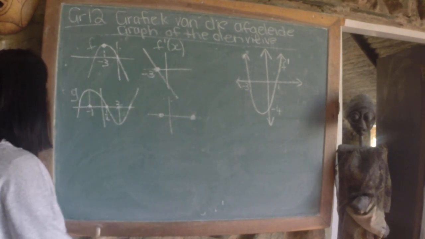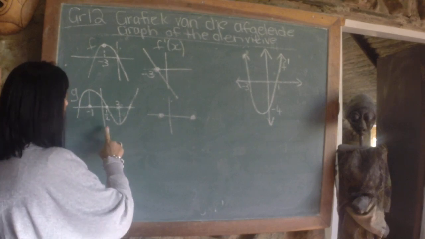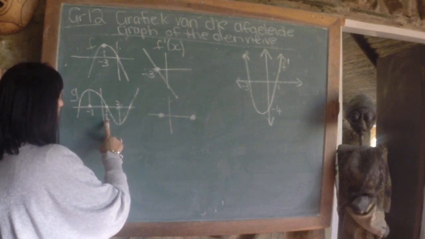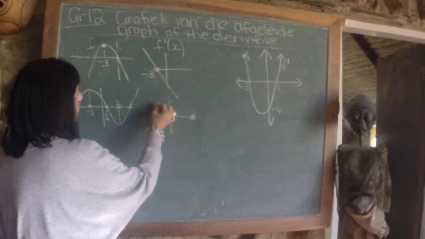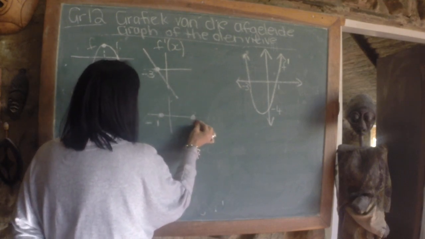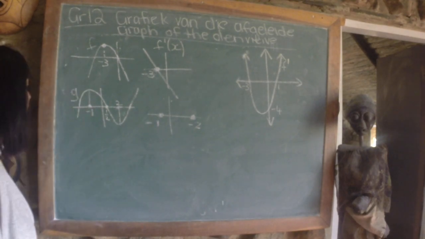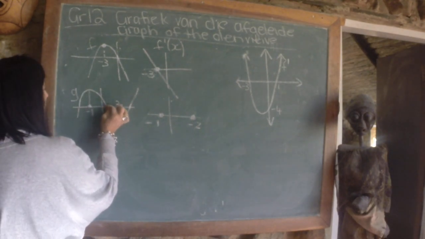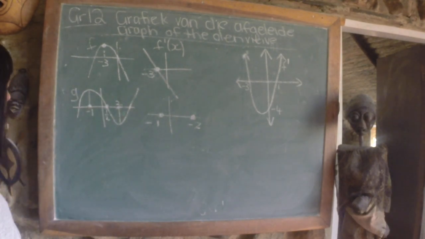-1 en 2. Goed. So ons het 'n -1 en 'n 2. And the point of inflection, that's a half. Must be exactly between the two.